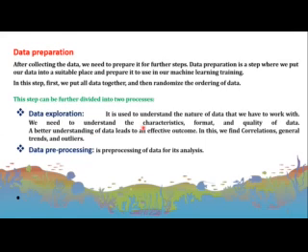Data exploration means you understand the nature of the data that we have to work with, and also understand the characteristics and quality of the data, and that it should give an effective outcome. When you go for this, we check the correlations and the outcome. Pre-processing consists of steps like data cleaning, data transformation, and dimensionality reduction.